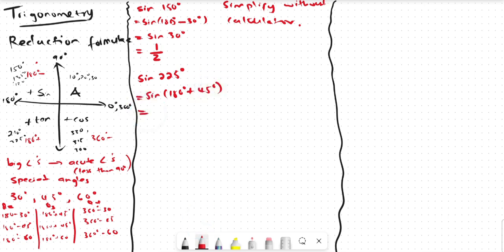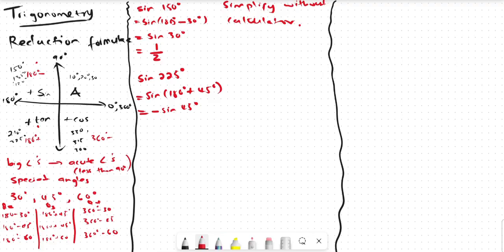Then I say to myself, I'm working with sine, but I'm in the 180 plus quadrant, so I'm in quadrant 3, where sine is negative. So I'm going to have negative sine 45 degrees. I take my calculator, sine 45, and it gives me root 2 over 2.